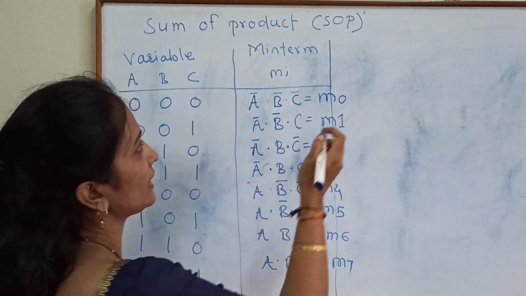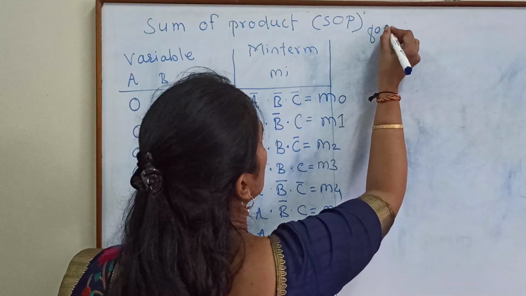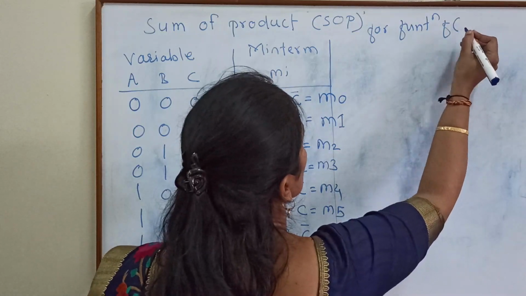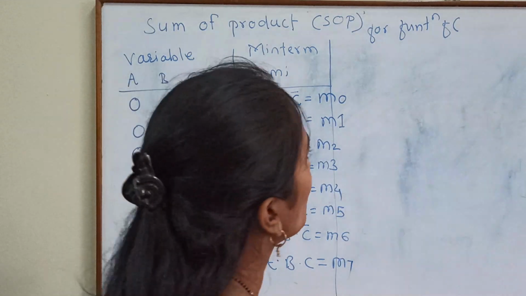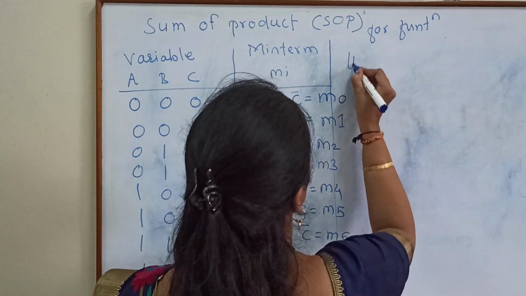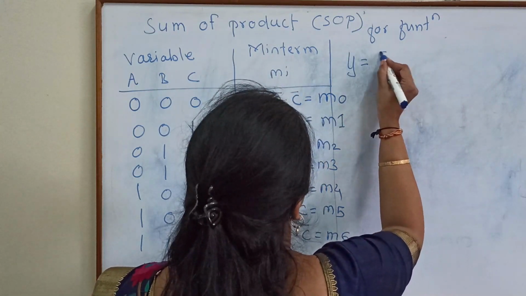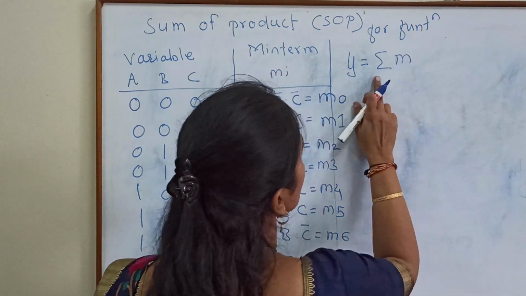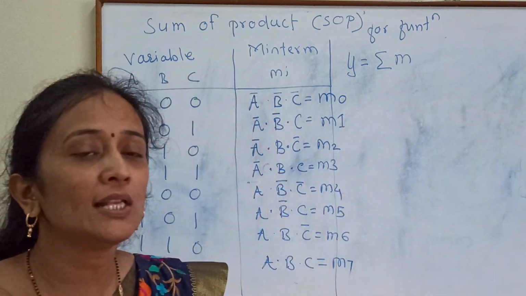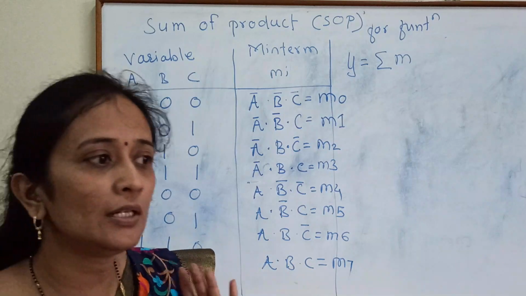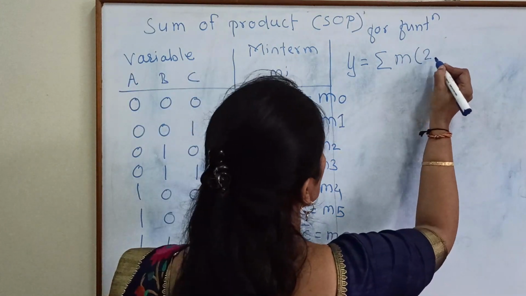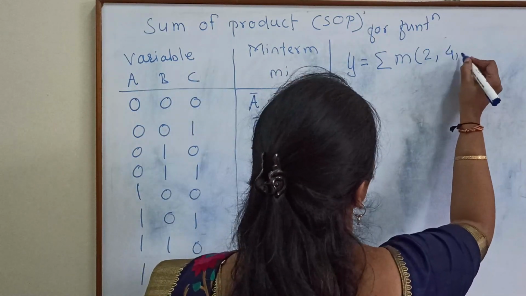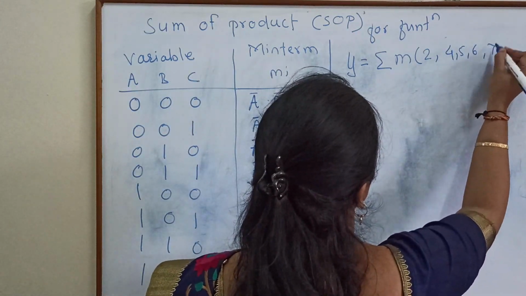Suppose the example is for the function y is equal to summation of m. What is this? Summation of m means the sum of all min terms. Which min terms? 2, 4, 5, 6, 7.